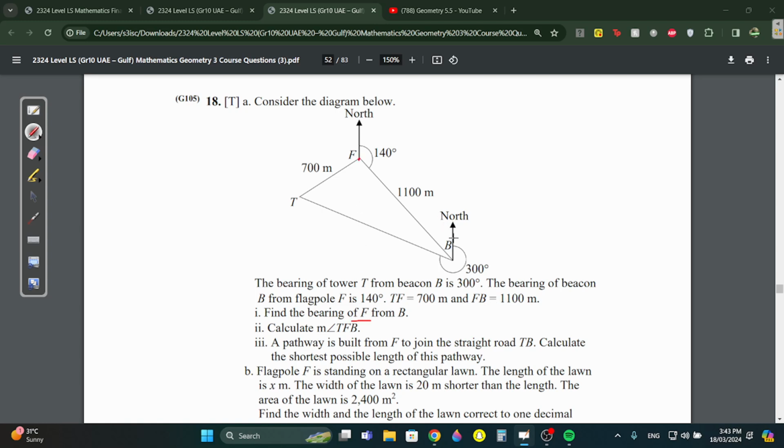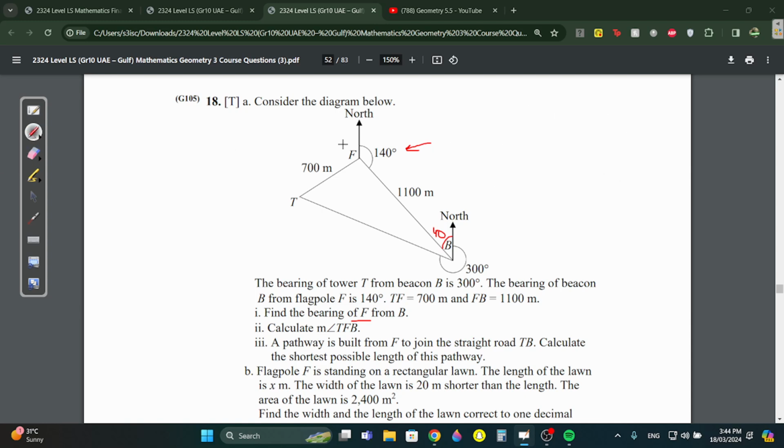How did you get F from B? It's going to be this 300, and this is F over here. This is F. This 300 plus this small part over here. First, this 140 means here is 40. If you remember, co-interior angles are supplementary. That means this angle and this angle add up to 180.